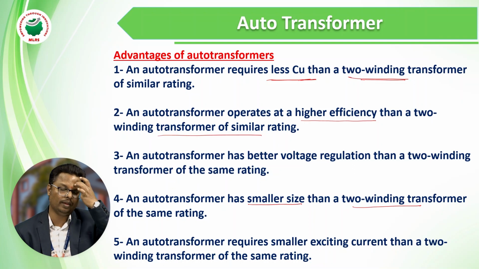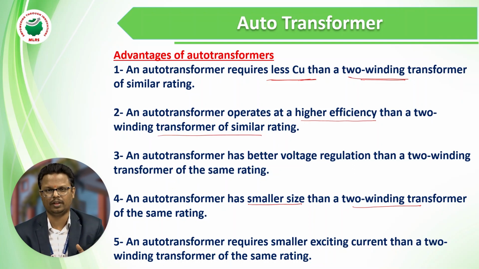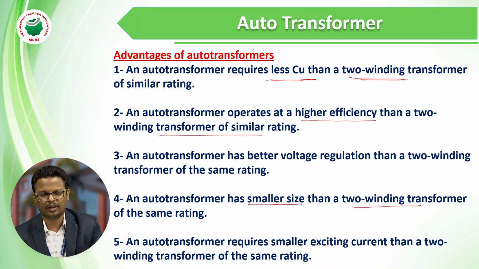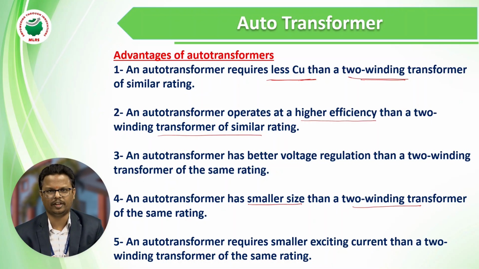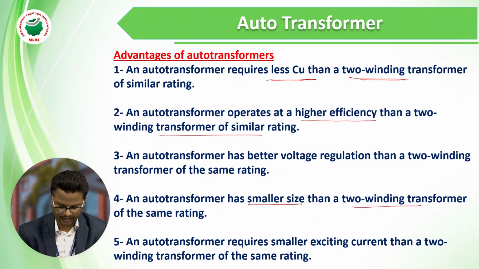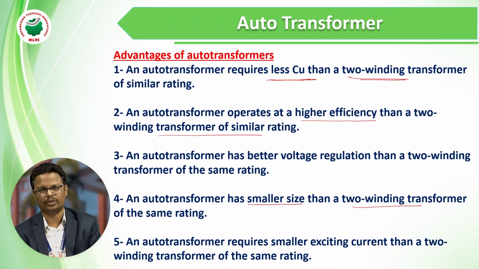Because from the primary to secondary we have a magnetic path by using the core. So that flux should be carried from primary to secondary. So it requires more excitation current. But here we are placing primary and secondary winding on the same core. So it requires less amount of excitation current. So these are the advantages we have in the auto transformer.